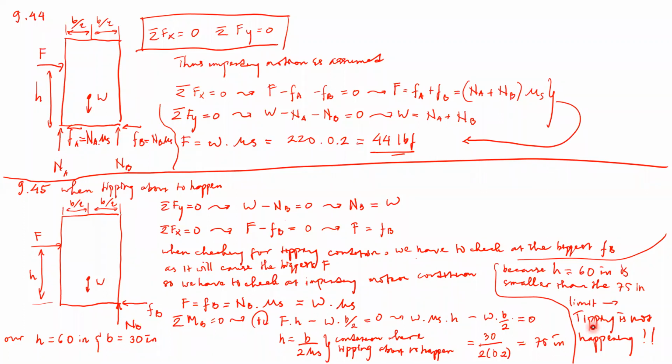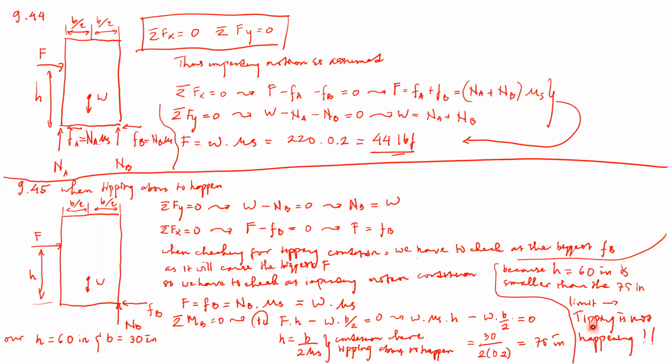Okay, Rafi, like this. The concept of tipping, in order for us to know whether tipping is happening or not, we have to check at the limit, Rafi. The same as an impending motion. If we want to see whether one particular thing is moving or not when we give outside force, we have to check at the impending motion condition, right?